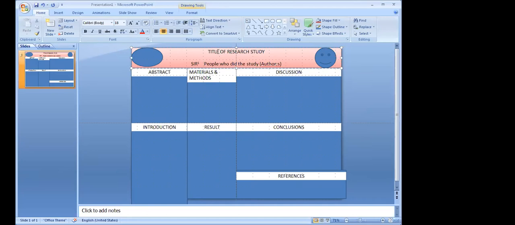After materials and method, you will go down to the results. The most important thing is that you can put your results in graphical form, which is the best representation.